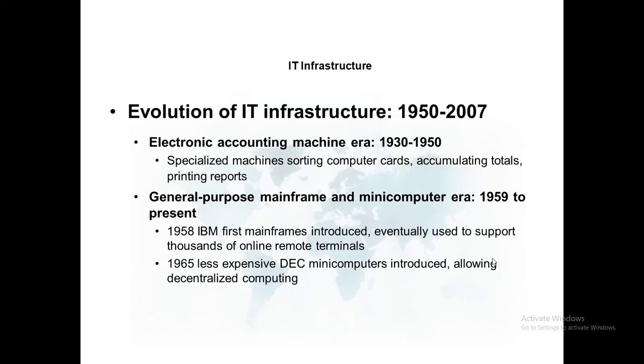They were mainly used for creating simple reports of accumulated totals and printing reports. Then we move to the second, the general purpose mainframe and minicomputer era, around 1959 up to the present. These are still in place.